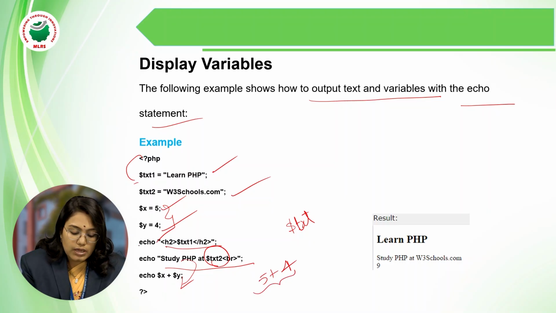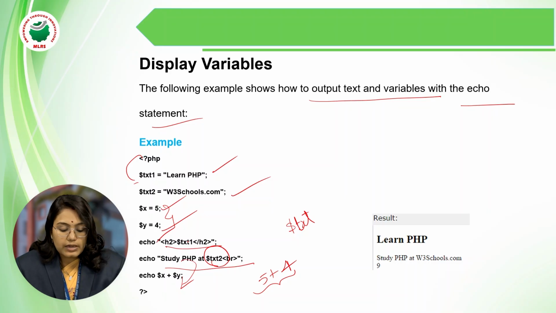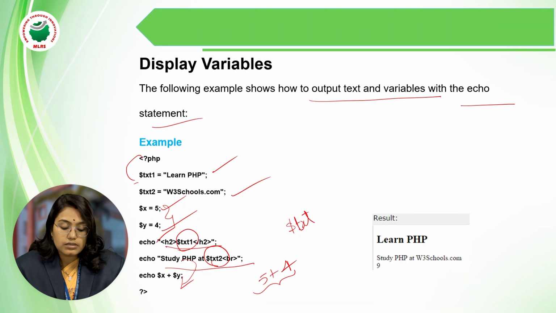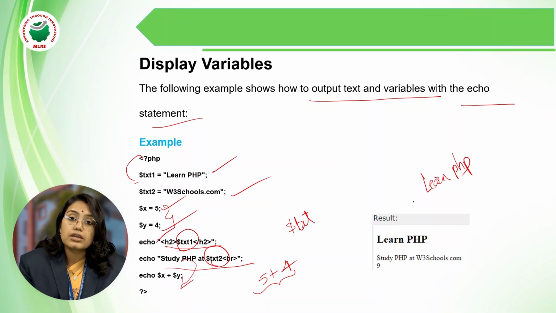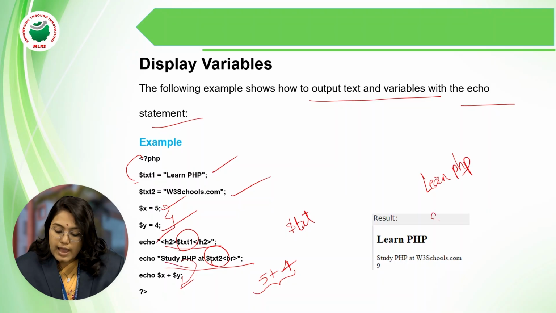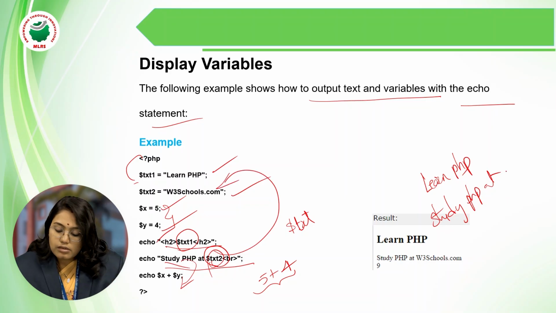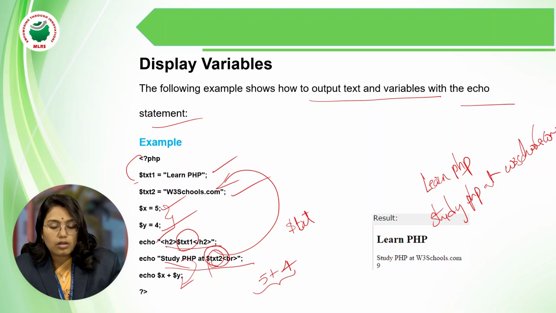First statement, it will print what we have given in echo first, $text1. So $text1 is nothing but learn PHP. Then the echo statement, if we go, it has study PHP at what we have given in $text2. $text2 has w3schools.com.